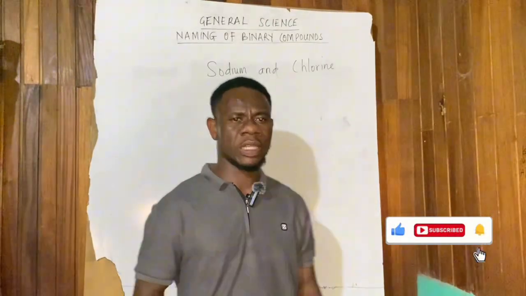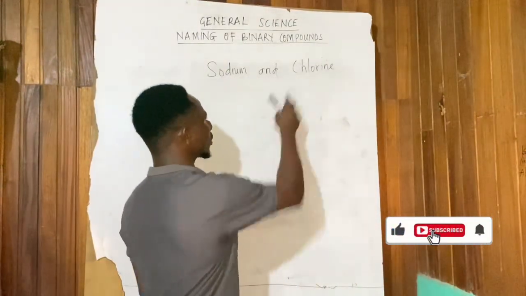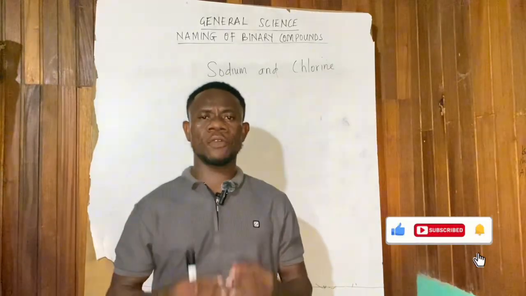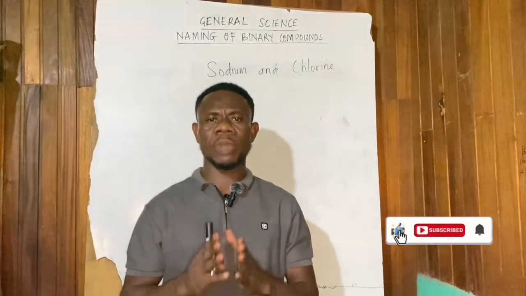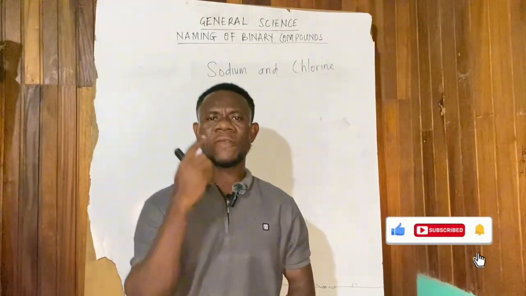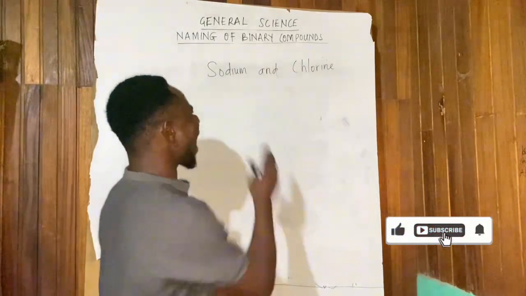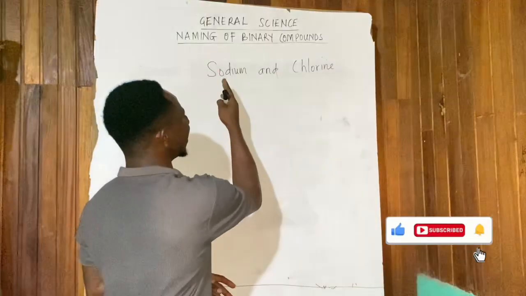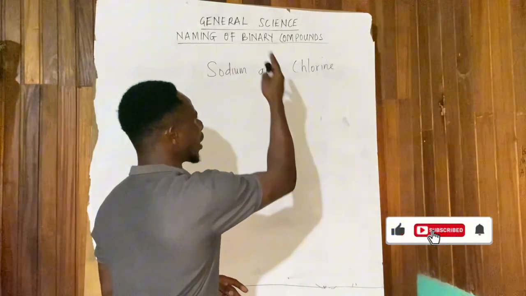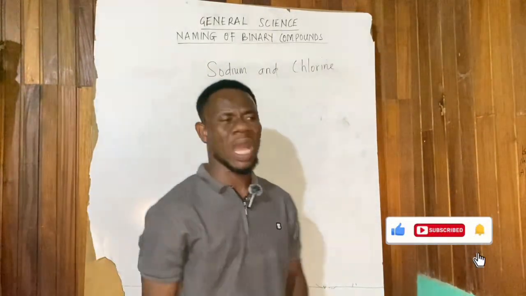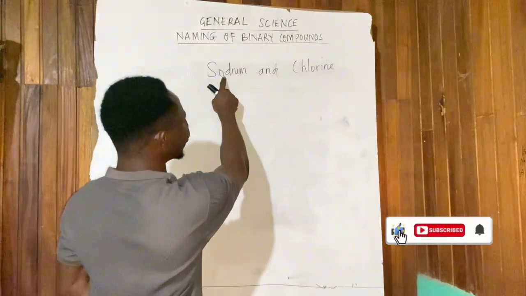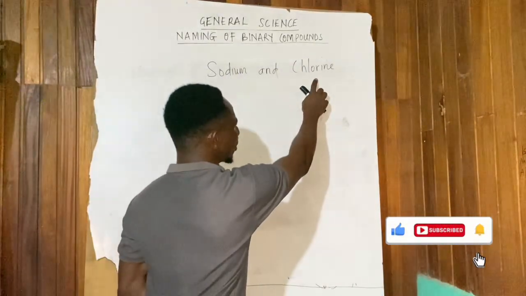Let's look at these two elements. Now, if you want to name any binary compound, the first step you should take is to identify the elements present in the compound. The first element is sodium. The second element is what?